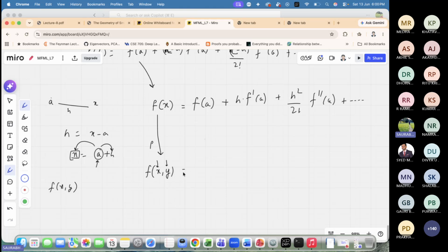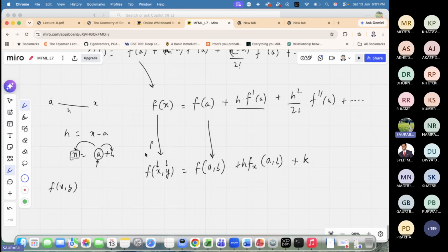Let's say you already know the function value at point (a, b), so you write f(a, b), because you have two variables now, plus the second term: f_x, the partial derivative of the function f with respect to x, times h, because h is multiplied there as well, f_x at (a, b). Then you can write k.